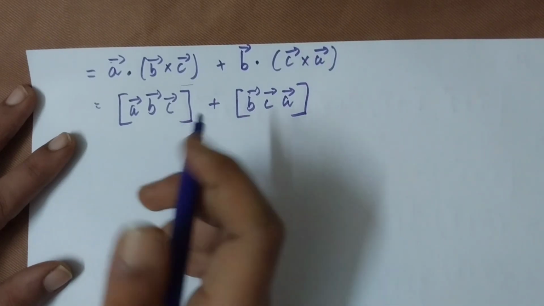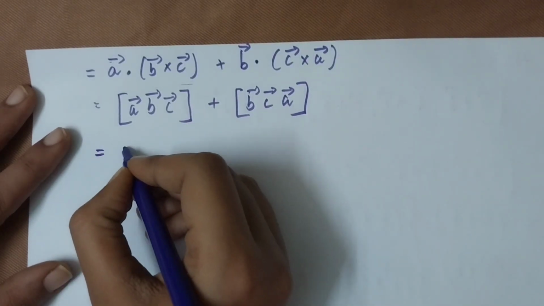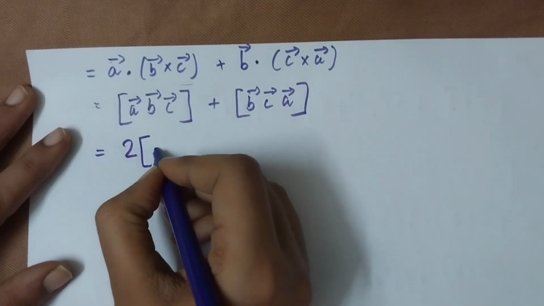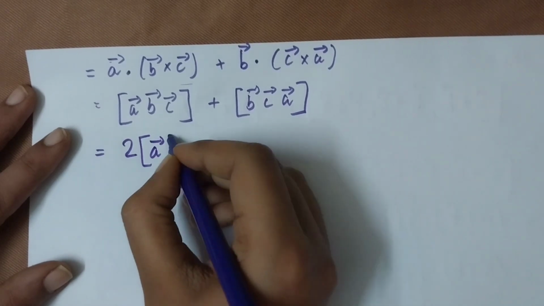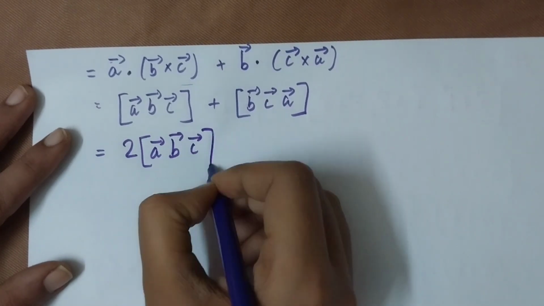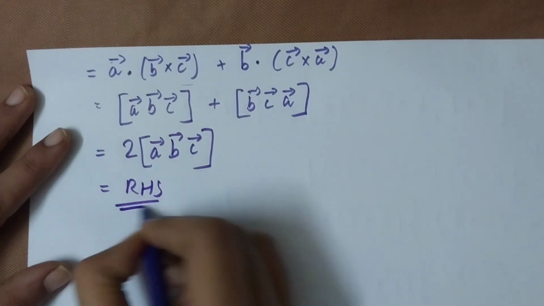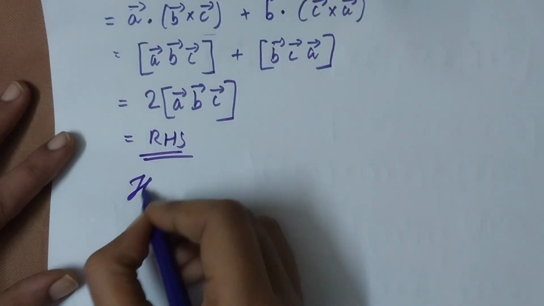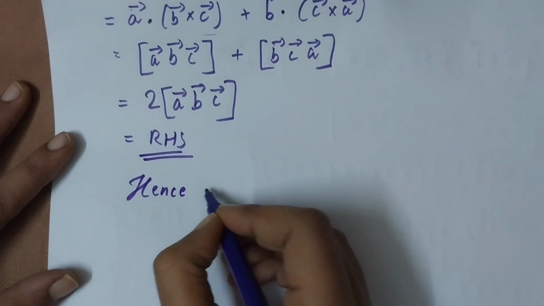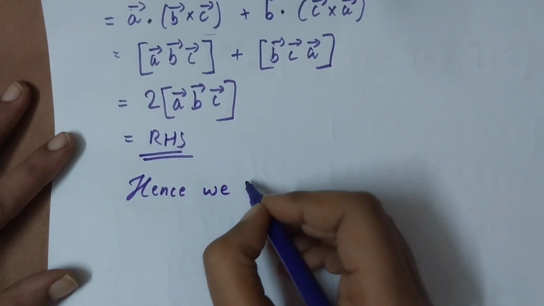So these two are same. So this can be written as 2 times box A, B, C, which is equal to our RHS. Hence, we have proved our relation.